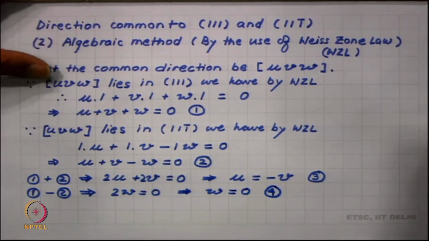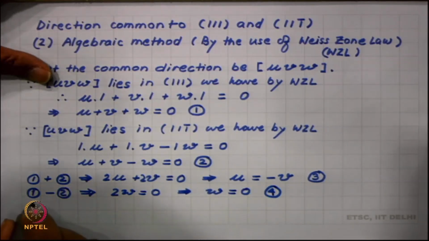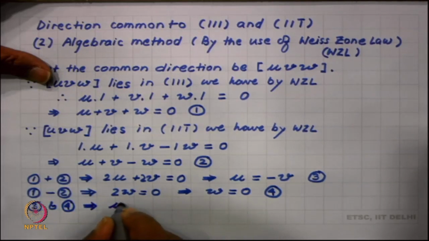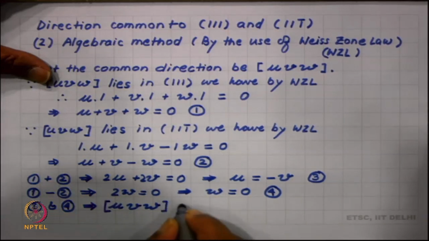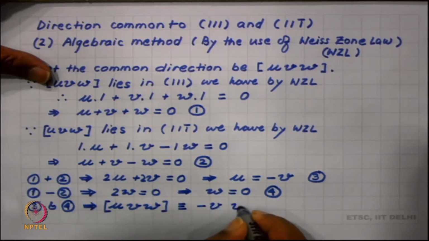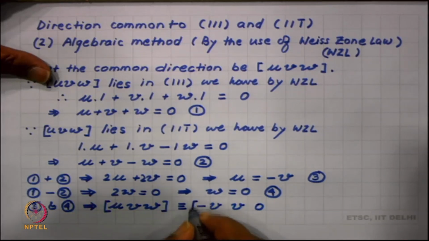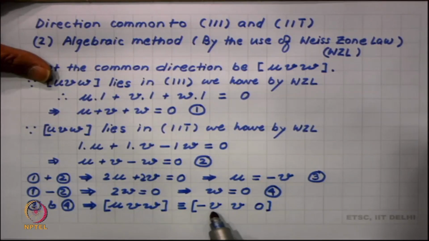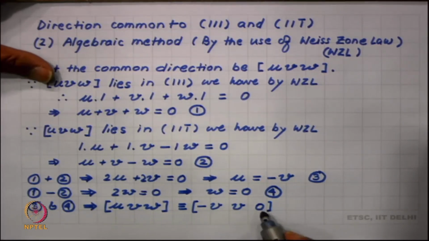And if I take the relationship 3 and 4 together, this will tell me that UVW, the Miller indices UVW, can be written as minus V, V, 0. So, instead of U, I have written minus V by 3, and I have left V, and instead of W, I have written 0 by 4.